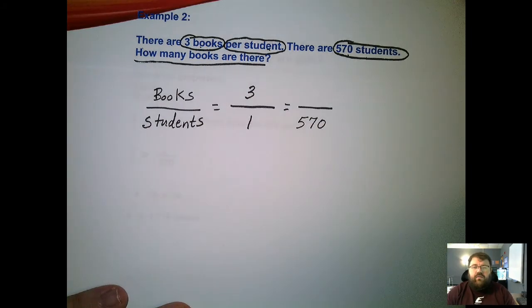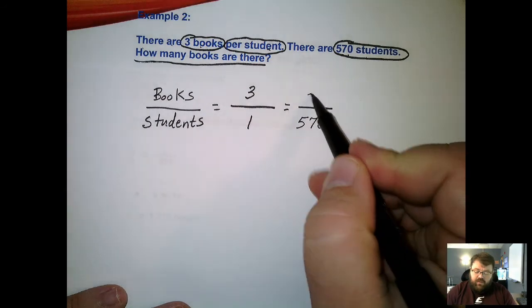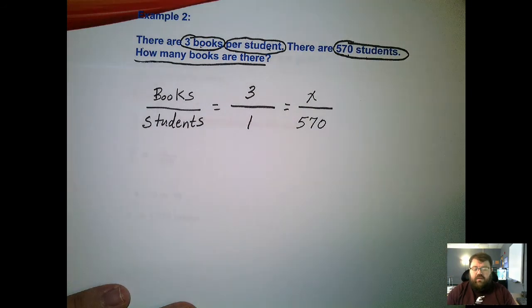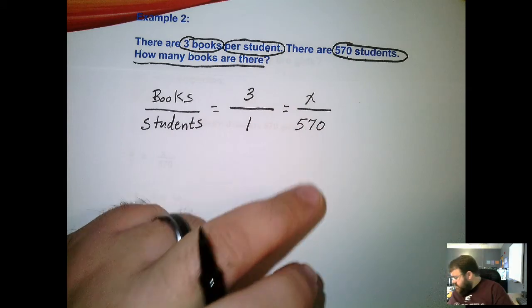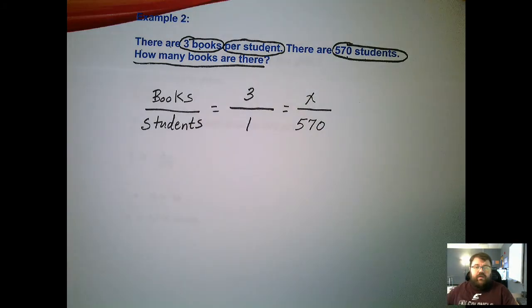Now, we have an empty space. We're going to put x as our value here. You will always have an empty spot, and you should put a variable in its place. Now, once you made it to this point, you're really going to solve it either using scale factor or you can use cross products.